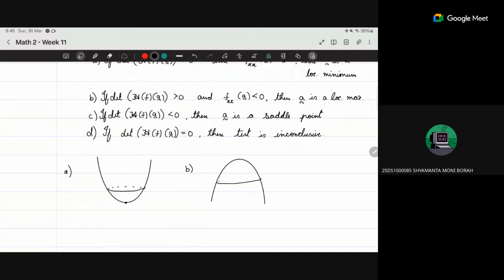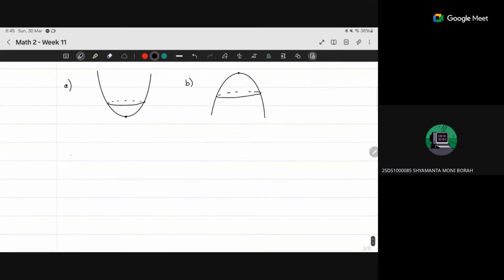And the local maximum, of course, looks like this. These are intuitively clear, what a local minimum and what a local maximum is. Irrespective of what direction I choose to travel along, if I start from a point of maximum, the function value decreases. The height of the graph decreases. So this is what is a local maximum. And what is a saddle point? A saddle point is something where there are directions in which the function is increasing and there are directions in which the function is decreasing. So what would that look like?